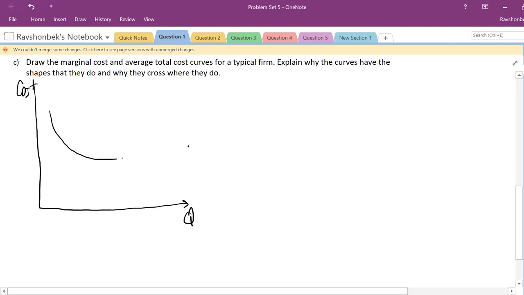It's usually U-shaped here for average total cost, and marginal cost is kind of U-shaped, but you have this sort of J shape here, I should say. And this is also the minimum point of average total cost where they cross.